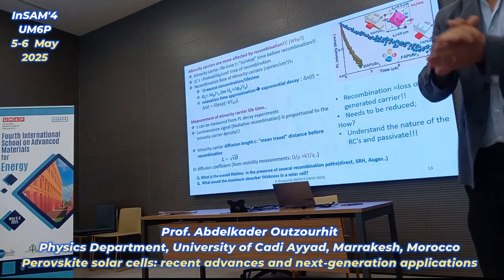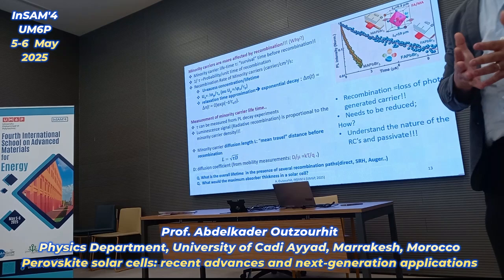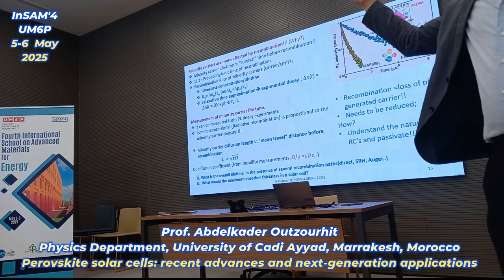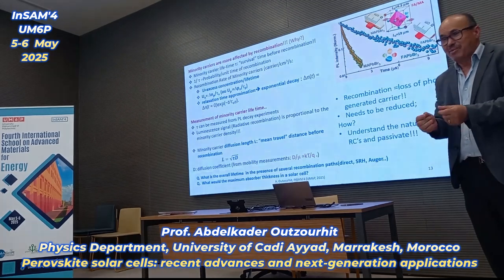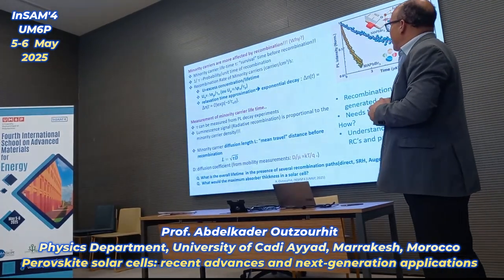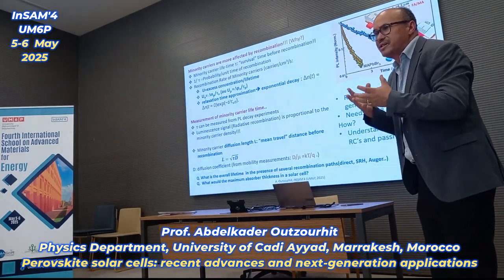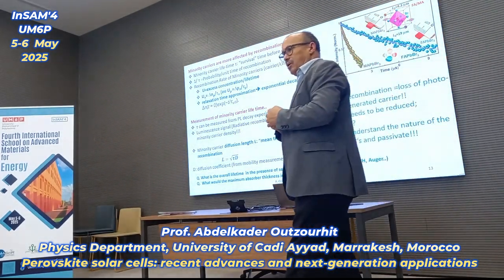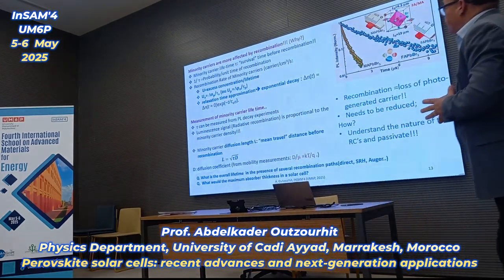Because the minority carriers are more sensitive to recombination than the majority. The majority carriers are so numerous that they're not very sensitive to recombination. But the minority carriers are very sensitive, so in solar cells we pay attention to them, because their concentration is very sensitive to the recombination process.